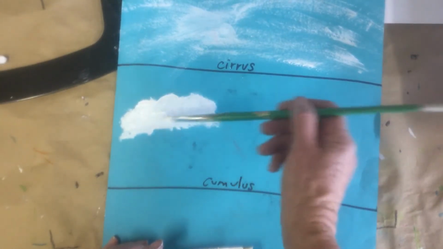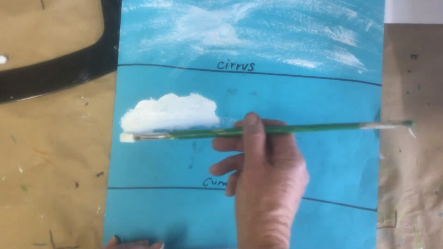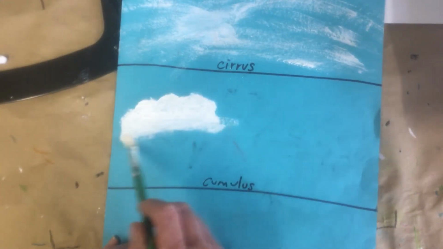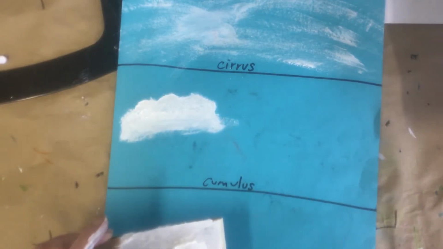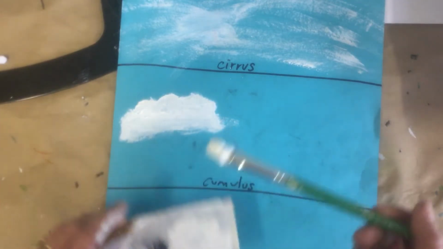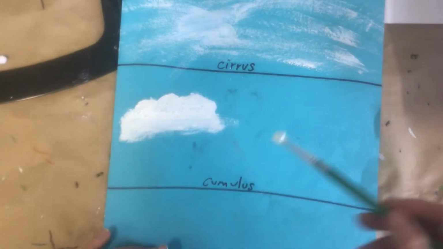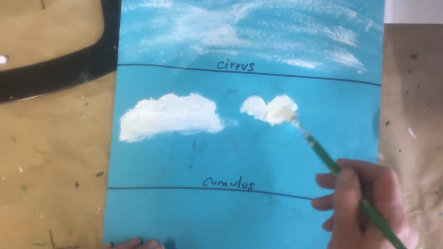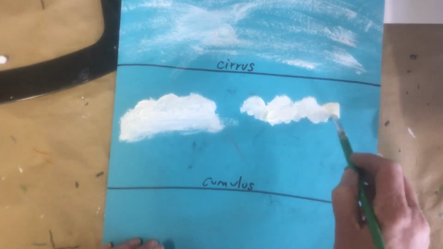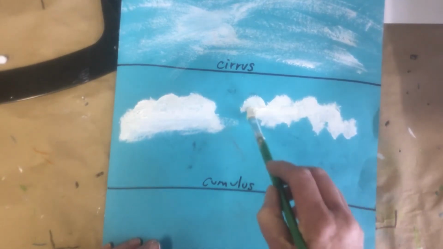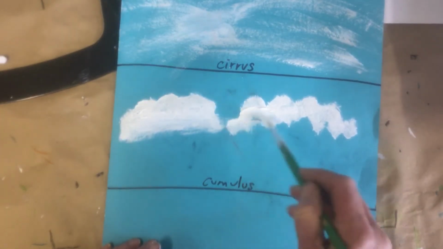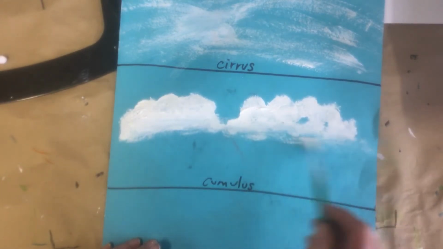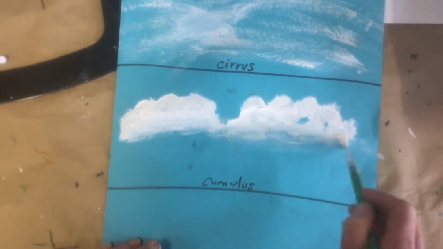And then down here on the bottom, you can just soften that edge. And then we have a nice big puffy white cloud. We'll do the same thing over here, maybe make another one. So we're pushing that paint to make a nice, fun, fluffy edge. And then you can pull it down, and now you're using that dry brush down here.